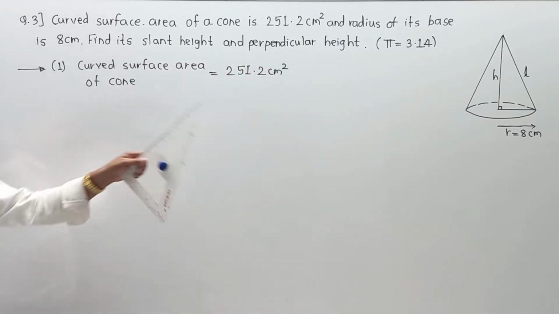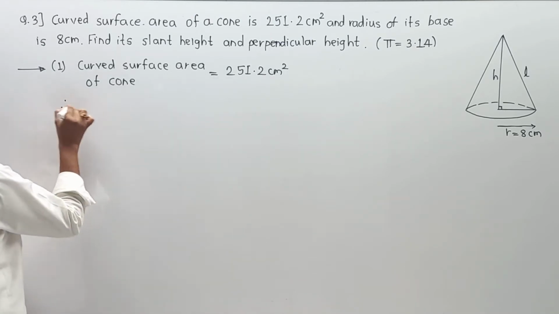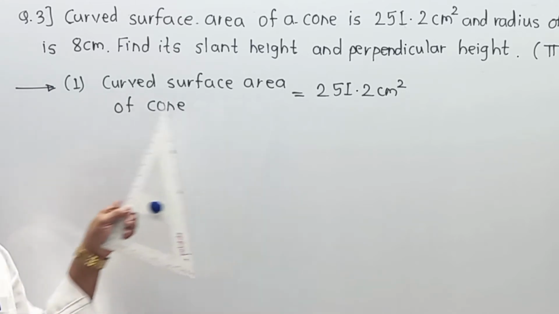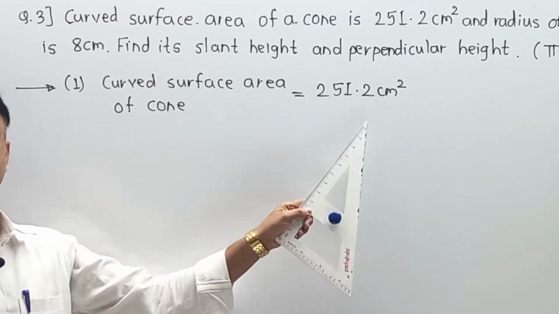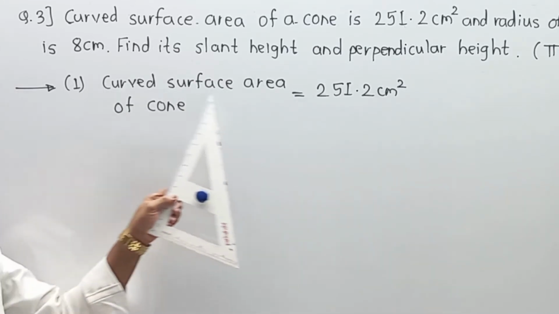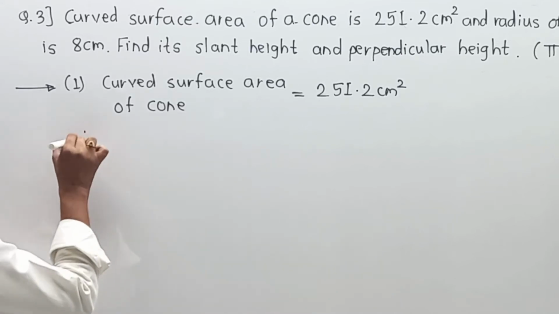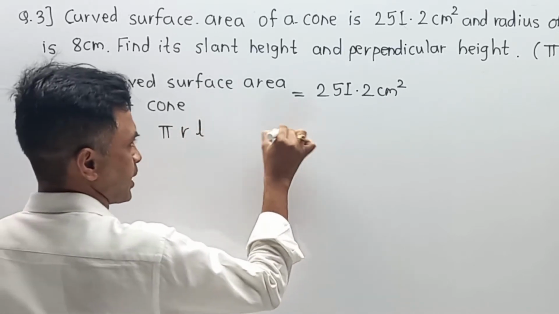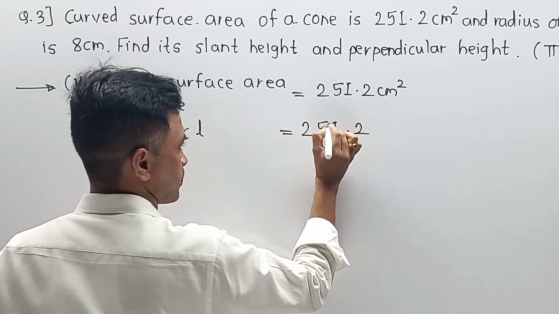According to mathematical term, in terms of a cone diagram, we know the formula for curved surface area of cone. So we know that curved surface area of a cone is equal to 251.2 square centimeter, which is given by them. Now formula for curved surface area of a cone: for curved surface area, formula is pi r into L, and they have given it this value as 251.2.